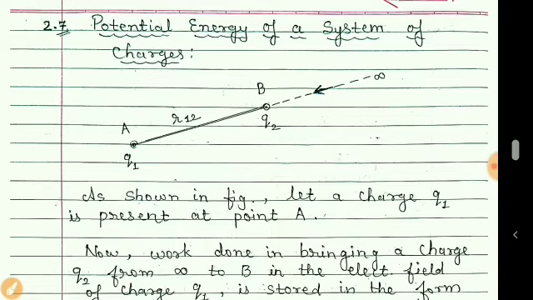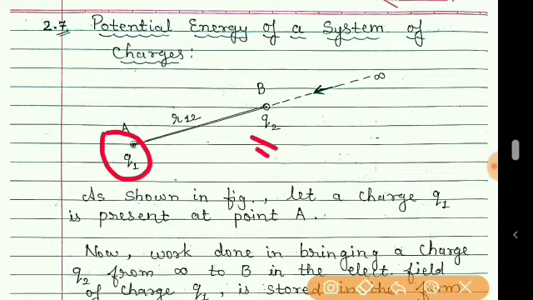Once again students, if I put this charge here, and then I have to place this charge at this point B, then I have to bring this charge Q2 from somewhere.